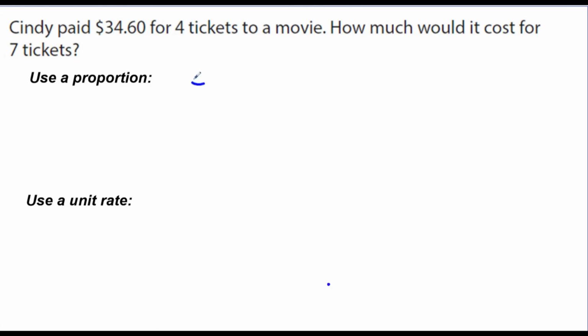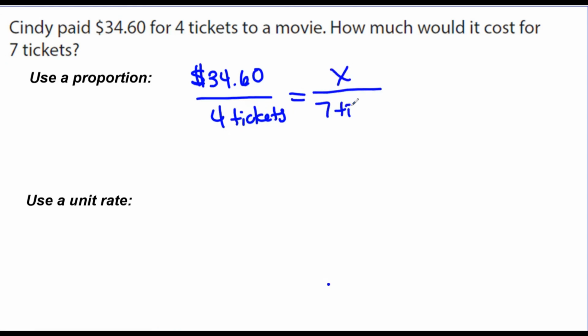I can use a proportion because I know that it's $34.60 for 4 tickets. That has to be equal to how much money for 7 tickets. So here we have a proportion, not a nice vertical or horizontal relationship here.